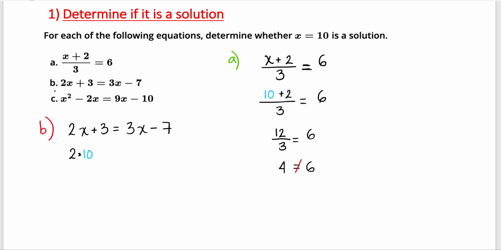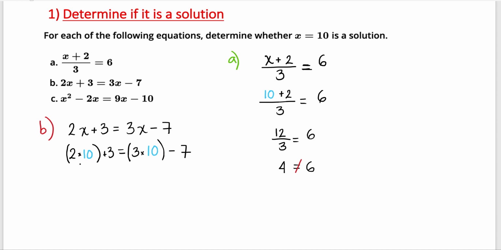I'm going to put brackets around this. I know that there are no brackets in the original, but because I know that I have to do this multiplication first, I'm going to use brackets so I don't forget and don't get confused. Plus 3 equals, I'm trying to align the equals, it's not working. And then I put brackets again: 3 times 10, then take away 7.